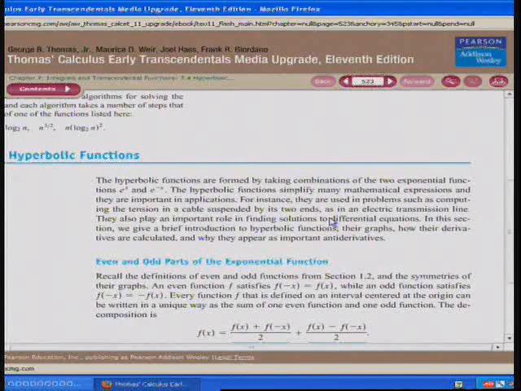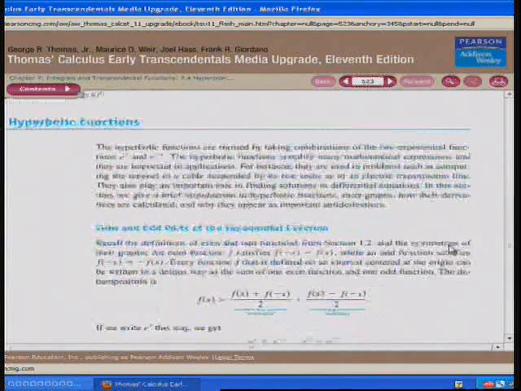The cable suspended between two telephone poles forms a shape called a catenary, and it can be described by a hyperbolic function, as in an electrical transmission line. They also play an important role in finding solutions to differential equations, but in this section we give a brief introduction to hyperbolic functions, their graphs, how their derivatives are calculated, and why they appear as important antiderivatives.